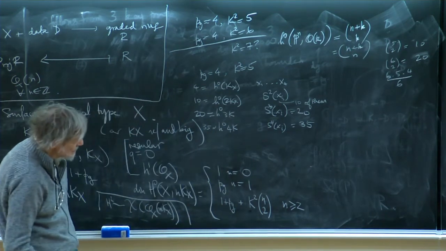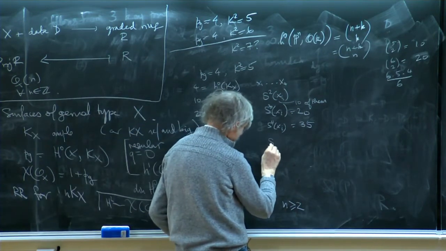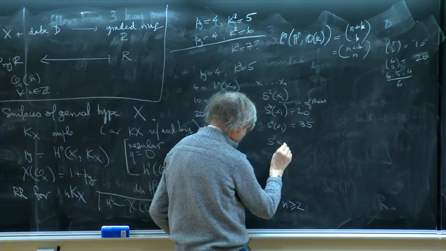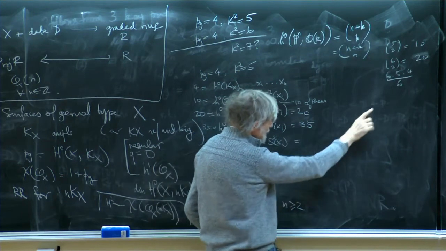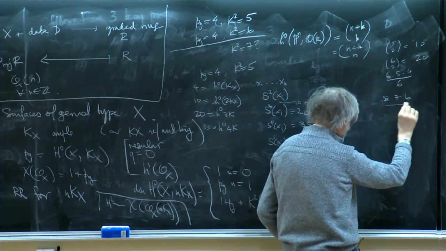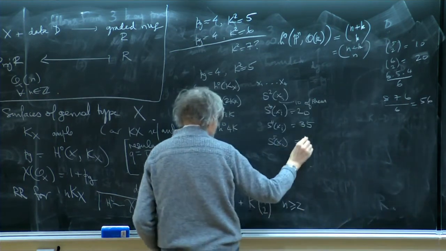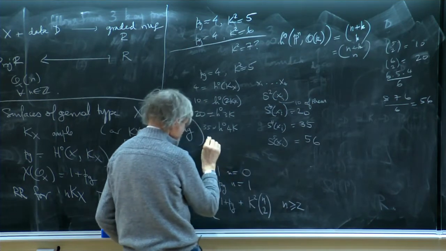Yes? Maybe this goes on forever, right? So think about S5 of xi. So, you know, this is 8 times 7 times 6 divided by 6. This is 56. Right? And this number is 55.